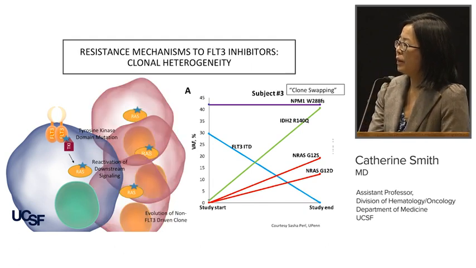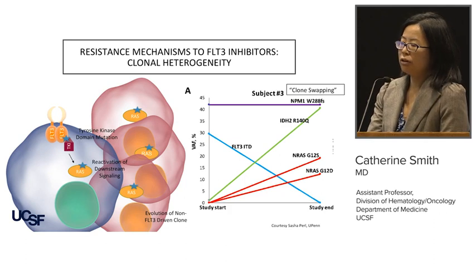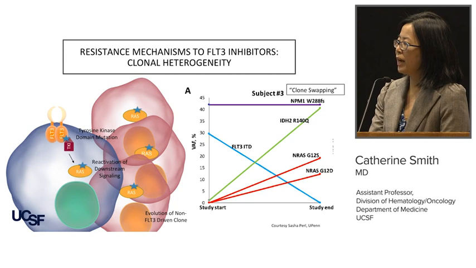So we noted that, therefore, there could be two different mechanisms of quote-unquote off-target resistance to this drug, either reactivation, a bypass mechanism in which you see reactivation of downstream MAP kinase signaling mediated by oncogenic RAS, or selection for a non-FLT3 driven RAS-driven clone.